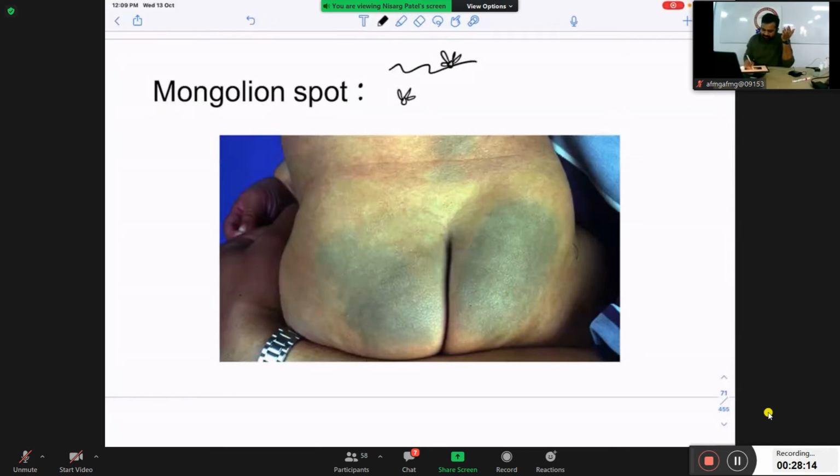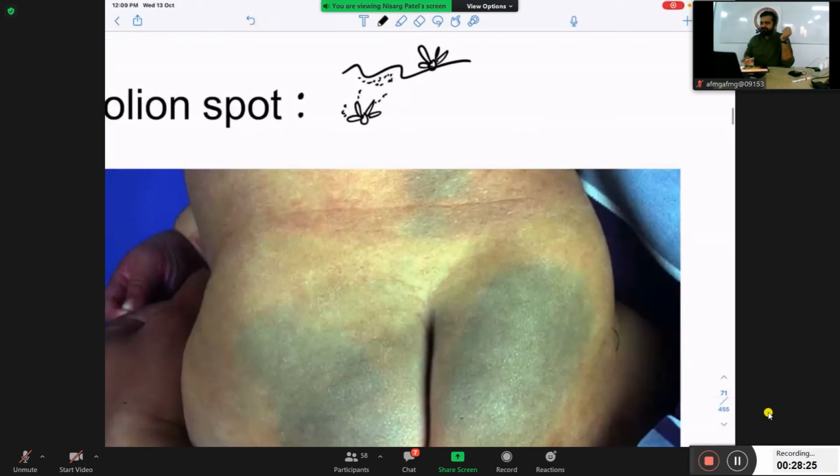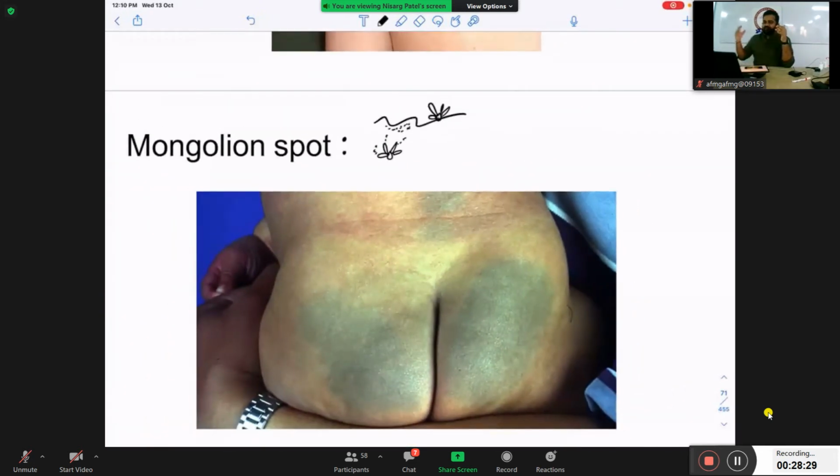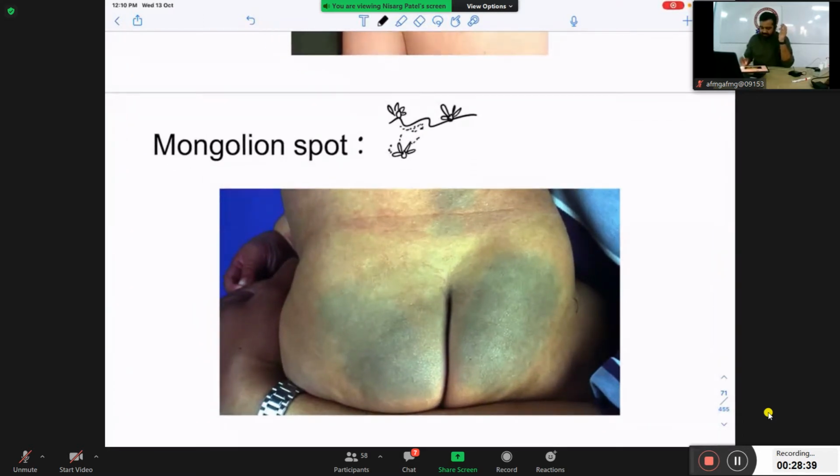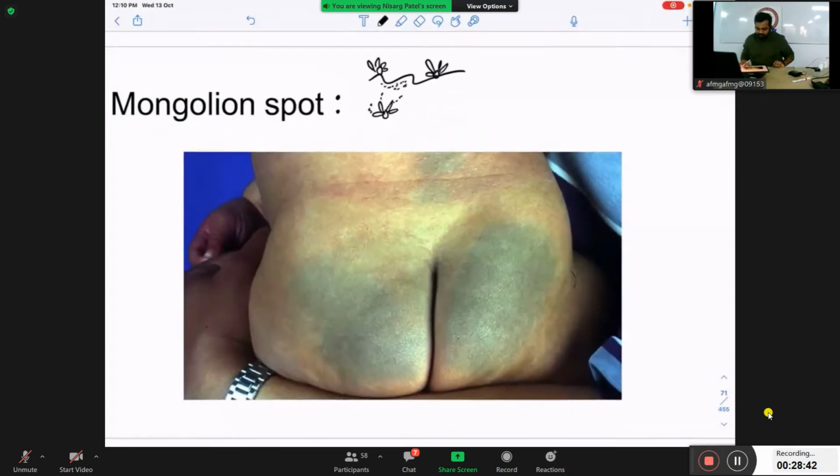Because of the immature abnormal migration, it is releasing the pigment below the basement membrane, and because of this we have a bluish discoloration in this area. But after 3-4 years or some 1 year, when this melanocyte comes to the normal place, the child will not have this rash. So this is only for some period. That is why Mongolian spot is not a permanent rash, it is a benign rash, right?